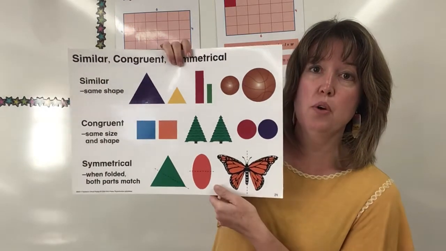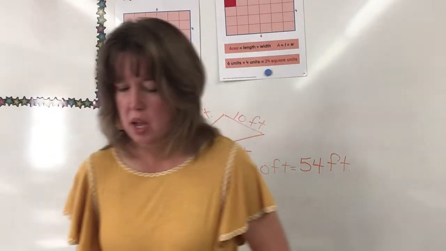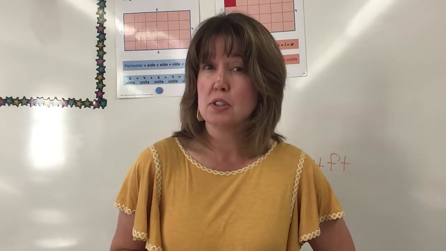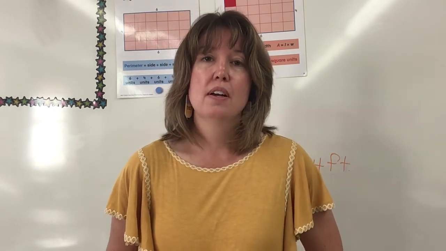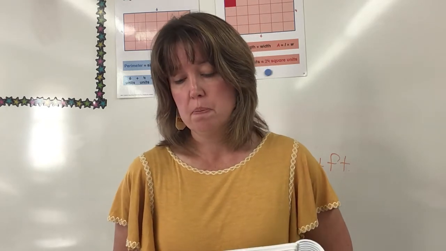You would have no overlapping parts. Okay, so for number 10, are those congruent or similar? They are congruent. They are the same shape and the same size. Now they're different colors, but that doesn't matter. Number 11. Are they congruent or similar? They are similar. They're different sizes.